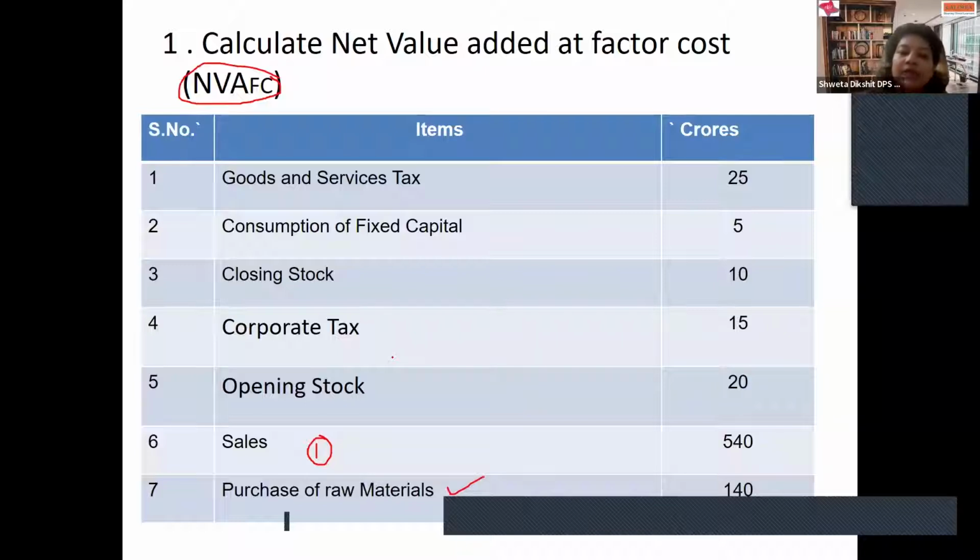No. Whenever the required items are not given in the list, they are to be considered as zero. Don't bother yourself very much. So the first thing you took is sales, and the second thing is purchase of raw materials. So look at the values 540 and 140.